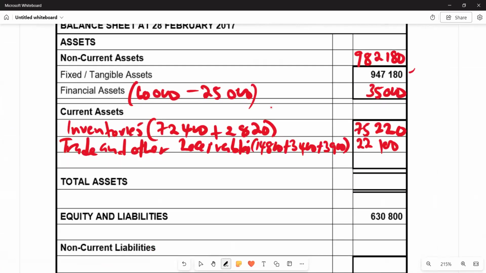So we are saying cash and cash equivalents are, remember, we are having 34,100.